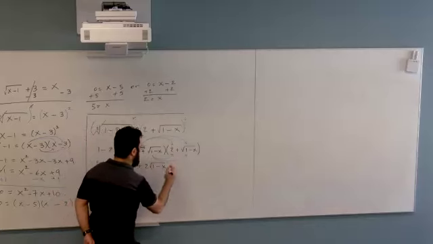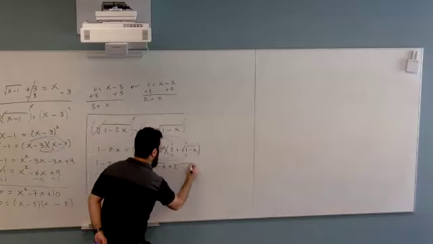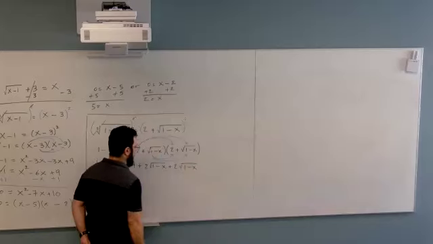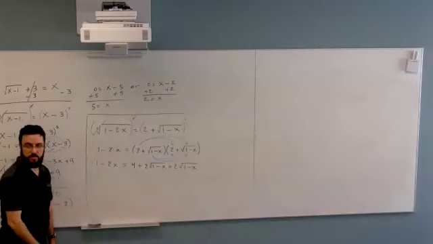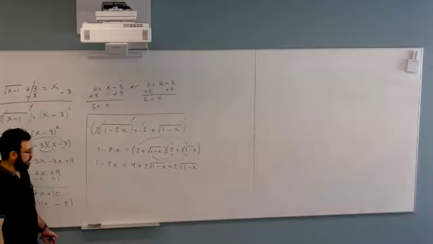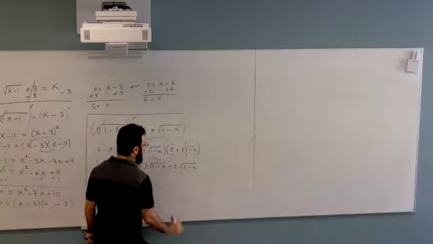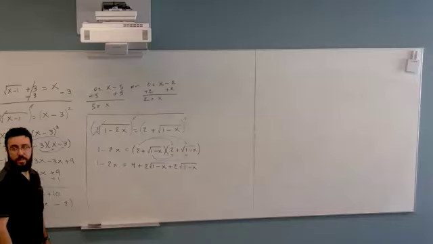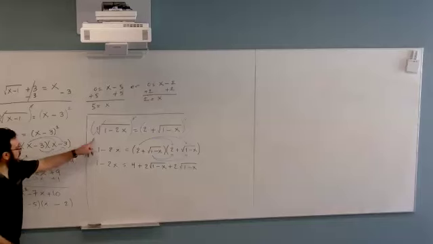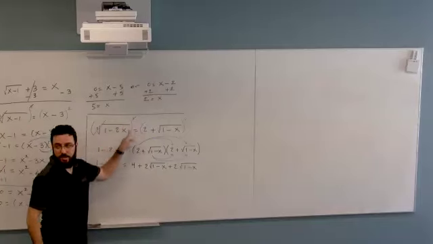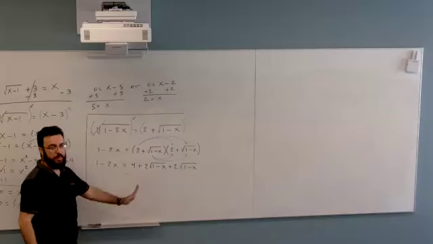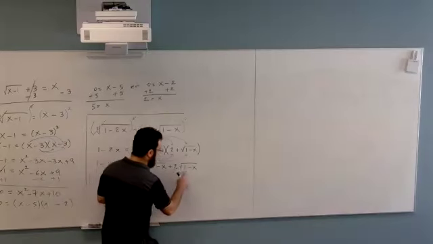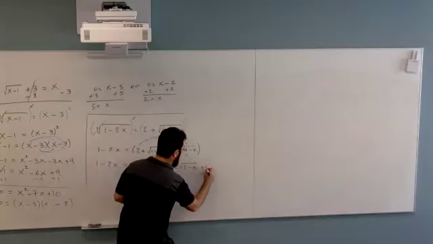The radical times 2, so here's 2, here's the radical. Can I do that? Yes or no? Radical times radical. Radical with the 2, but radical with the 2 is going to cancel. So just one. So everything without radical. Radical times radical is going to be plus 1 minus x.